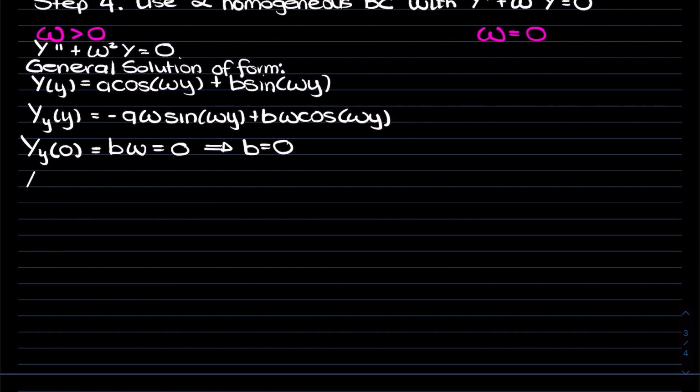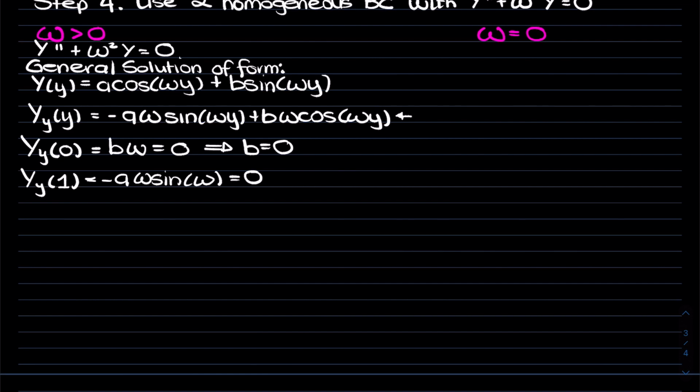So if we keep b equal to 0 and now we plug in y equal to 1, we get negative a lambda sine of lambda, and that has to equal 0.